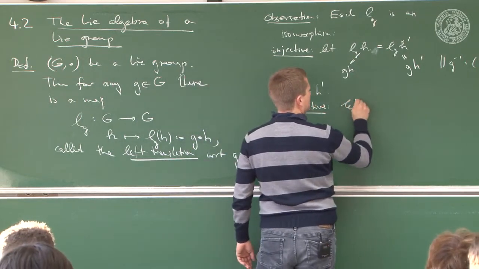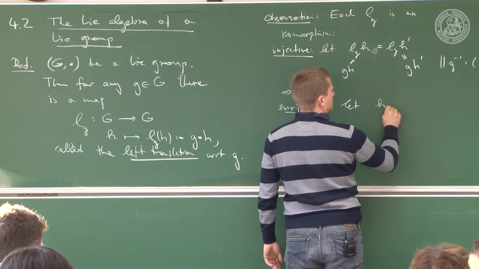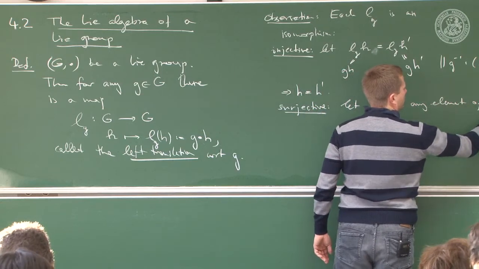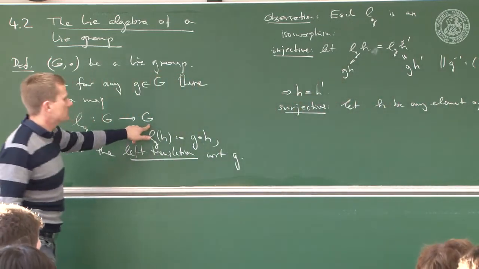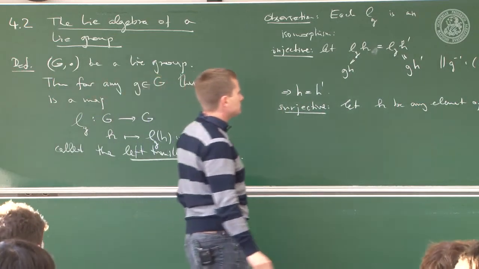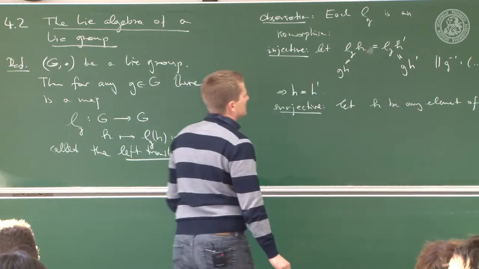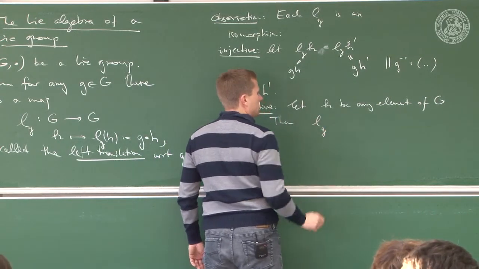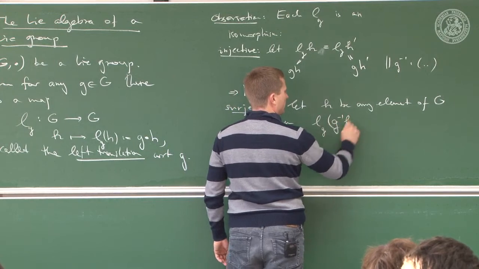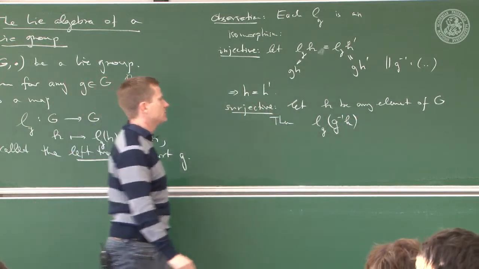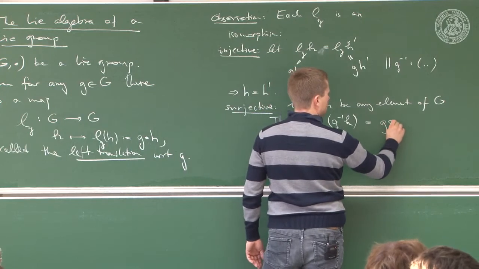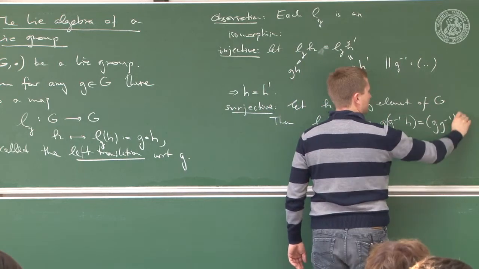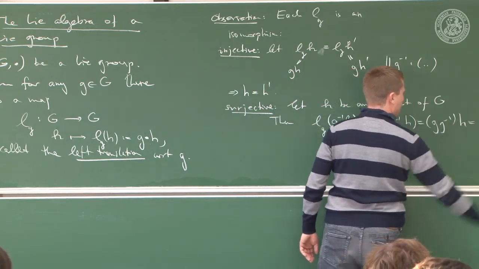In order to check that, let h be any element of G. Well, G is the target, so let's take any element of the target. Now, why is any element of the target hit by L_g? Then L_g acting on g inverse h, which is clearly an element of G, is g times g inverse h, because the whole thing is associative, is the identity h is h.